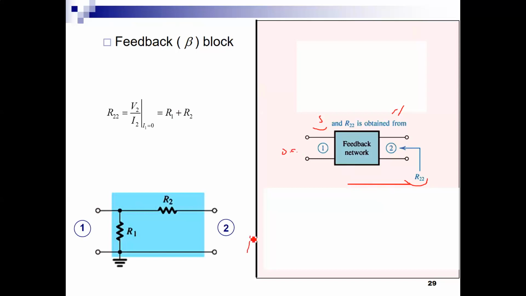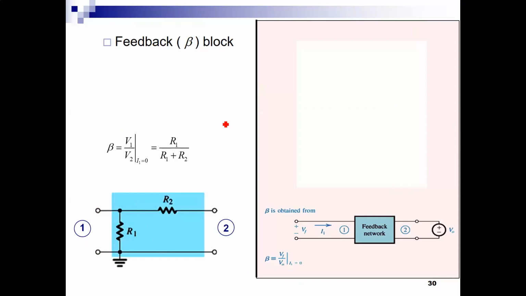Practically speaking, I am looking from this side, I keep the other as an open circuit, and the resistance that I see here is R22. It is really equal to R2 plus R1, the whole loop, so this is R1 plus R2.